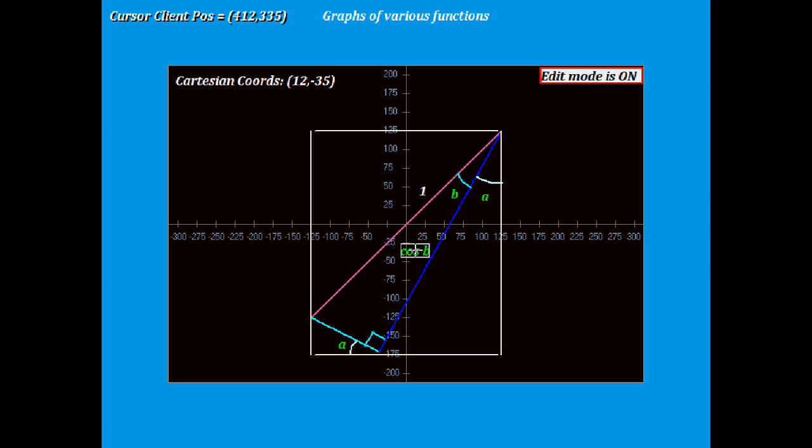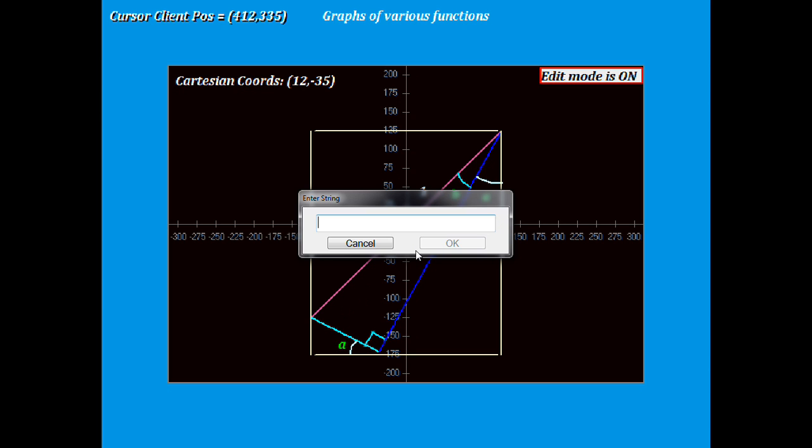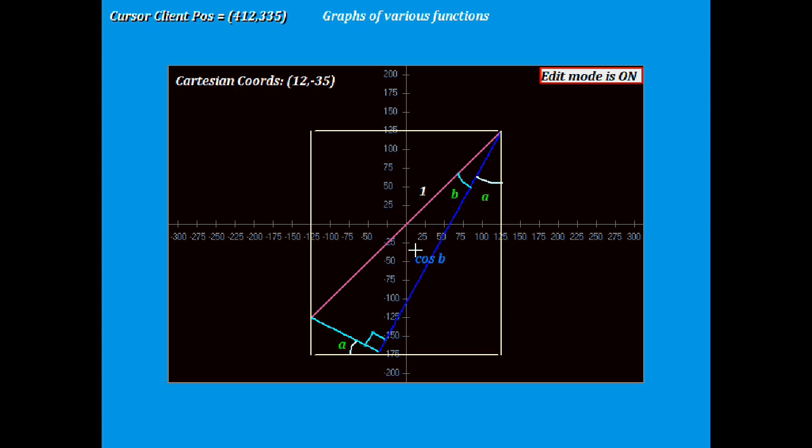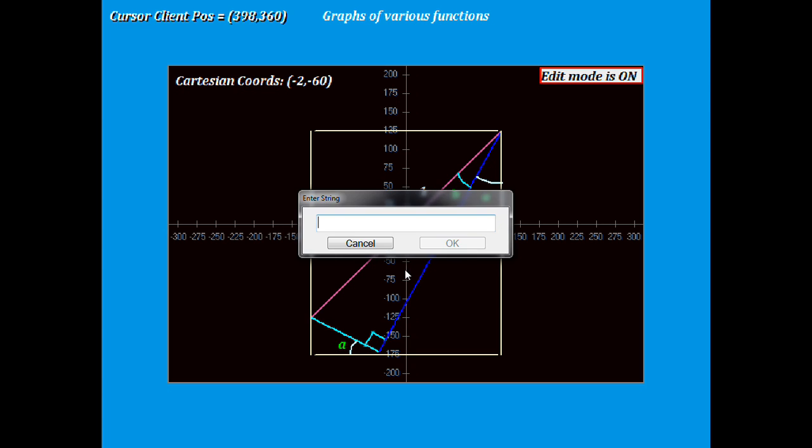Actually, let me color code that. That's fast to use this thing. With a good blue. And this here is sine of B, right near the A there.